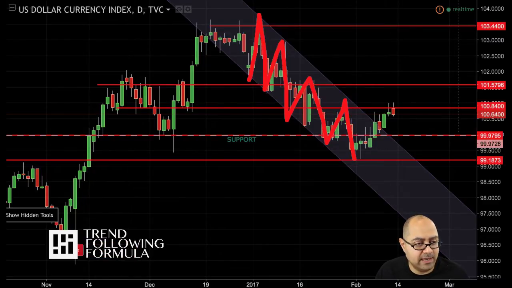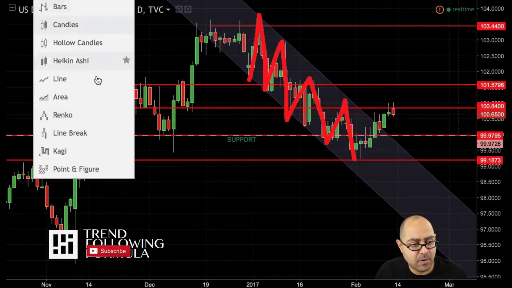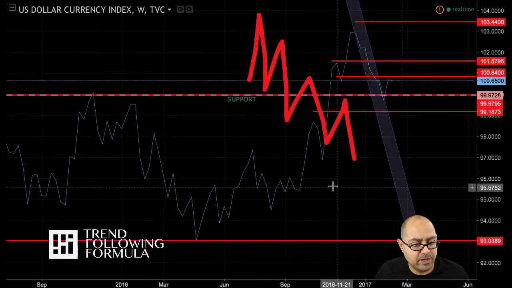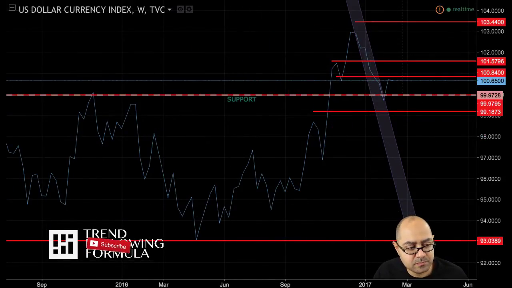On that weekly, we noticed that the market has reached, as you see here, the 100 level, the 99.9, that's the 100 level.